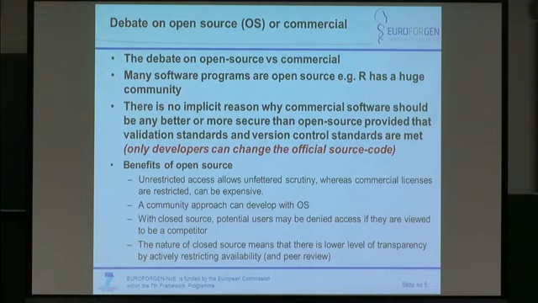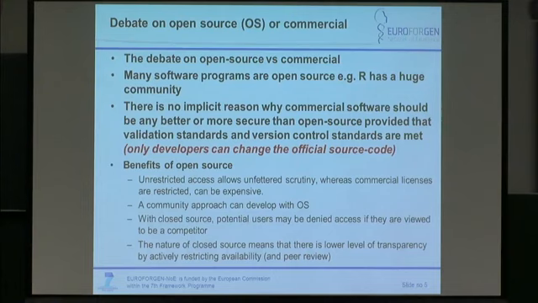But there are significant benefits, I think, to using open source. First of all, the unrestricted access allows unfettered scrutiny of what it is that you're doing, whereas commercial licenses are restricted by virtue of them being very, very expensive. We try to foster a community approach with open source, and I don't think you get the same sort of community approach with commercial software.